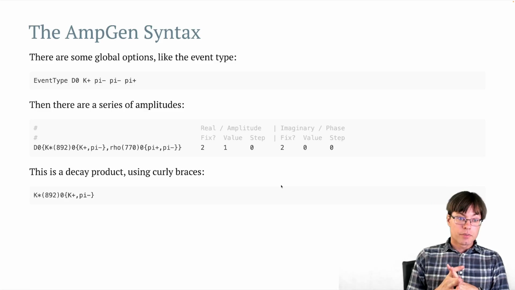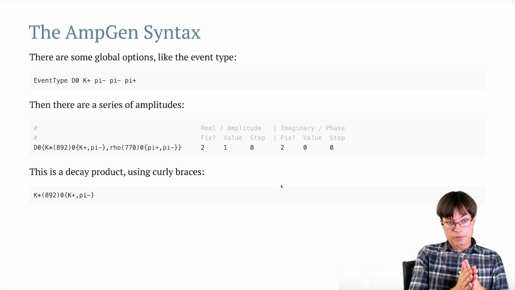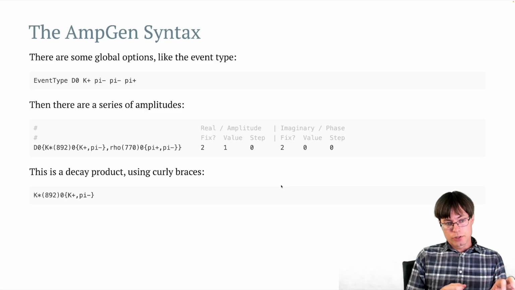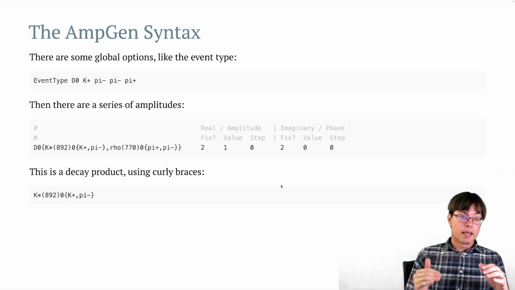Then you have the thing on the left, which is the decay line that you're looking at. In this particular case, like in the example, you have a K star here, and you first describe the particle in square brackets, which you don't see here. You can give it different types of amplitudes, and then you can pick a model that way.